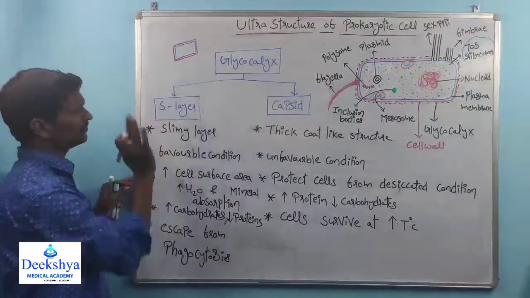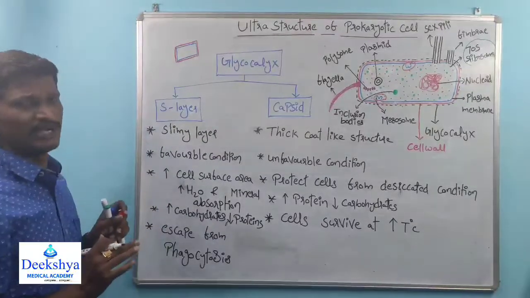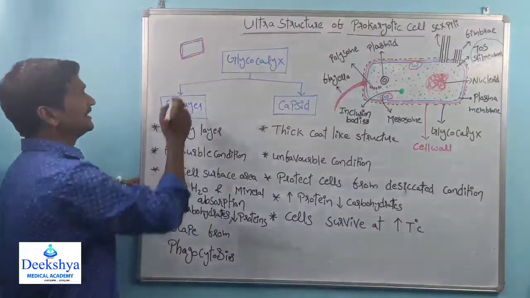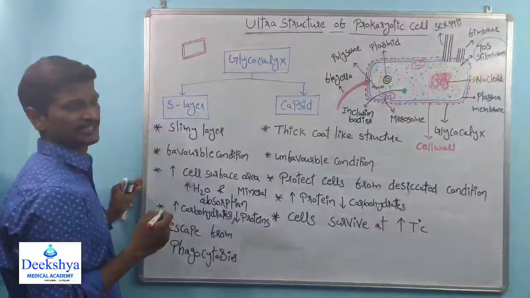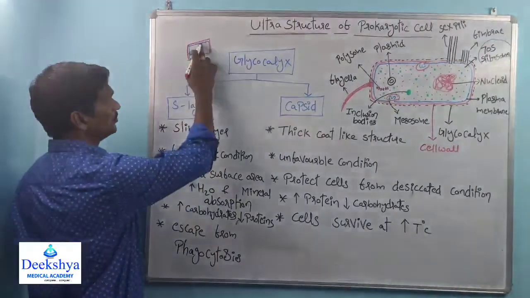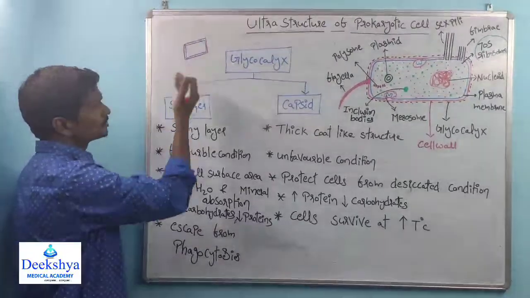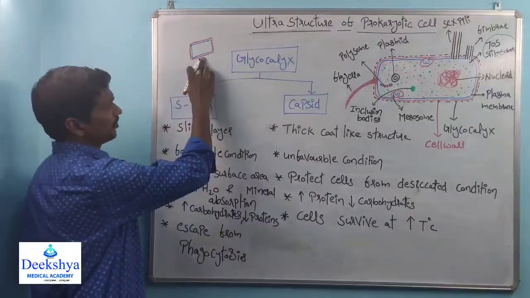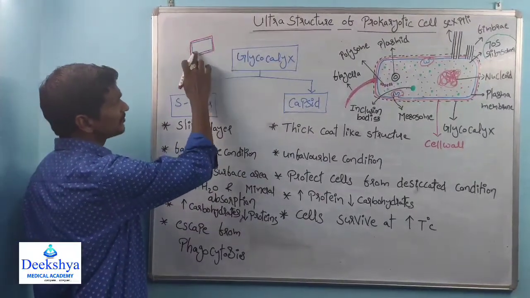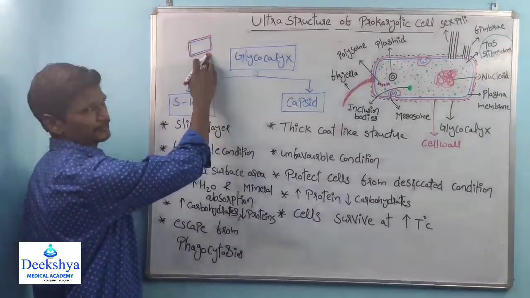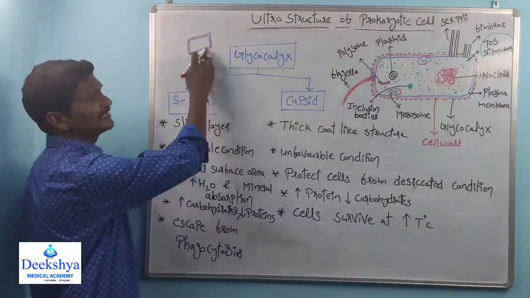Then what is the use of the S layer? Remember that the S layer majorly increases the surface area. The blue line indicates the cell wall. Outside of the cell wall, if the S layer is formed, the surface area of the bacteria is increased.